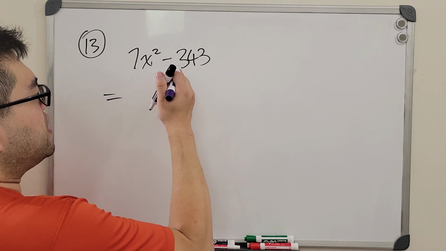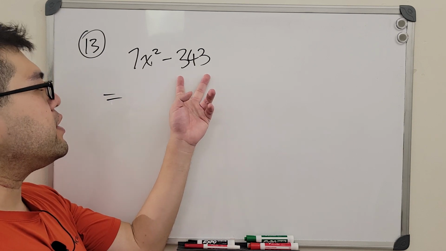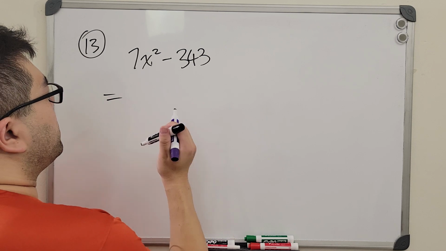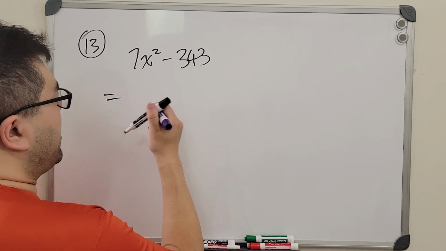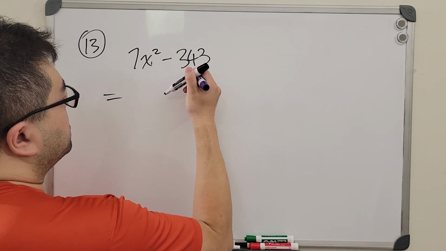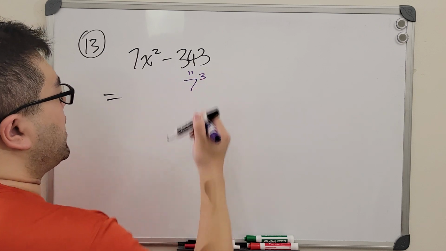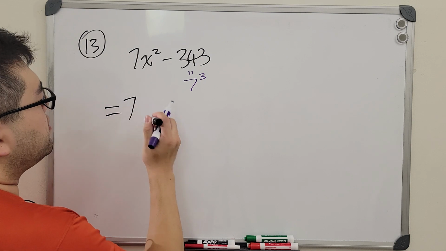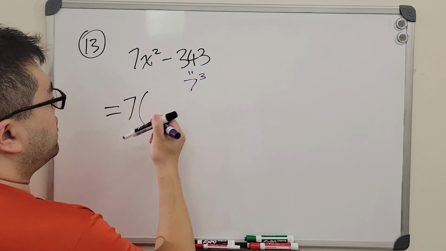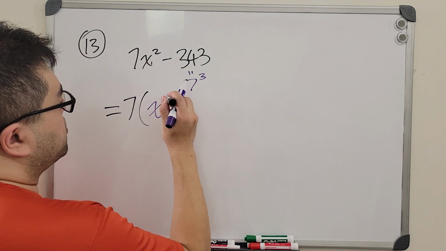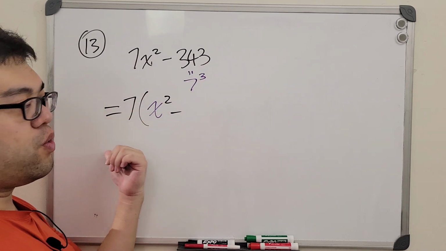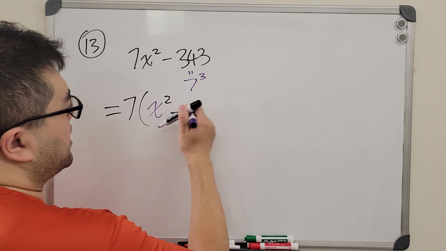Then to do that, we need to make sure that the second term here is also a multiple of 7, otherwise we cannot factor out. But 343 is in fact equal to 7 to the third power, meaning if we try to factor out the 7, for the first term, we end up with just x squared minus the second term. As we factor out 1 copy of 7, we have 2 copies left.